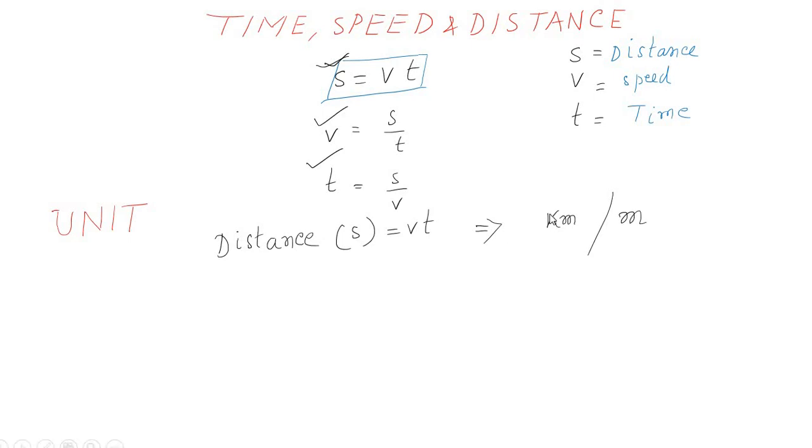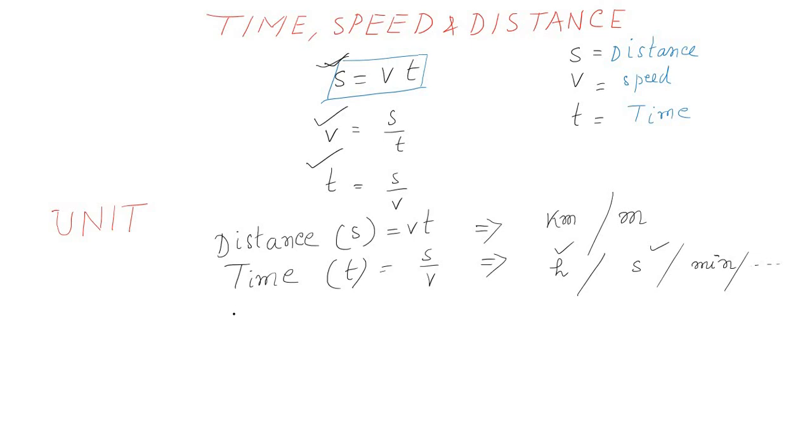Km is the abbreviation of kilometer, and meter has m as its abbreviation. In a similar way, time, which has the expression s by v, is measured in hour or second. There are many other forms also, like minute, year and day, but mostly these two units are used, hour and second.